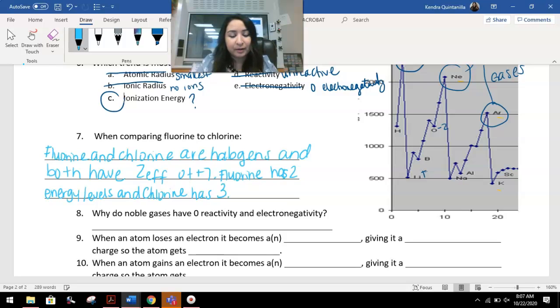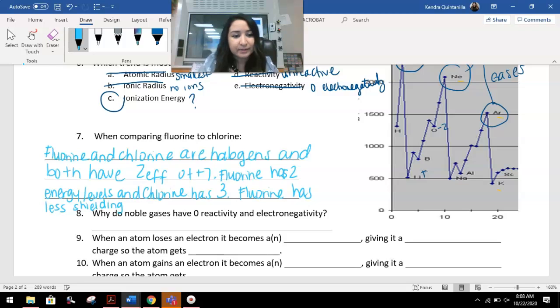That means because chlorine has more rings around the nucleus, the valence electrons on chlorine are a lot more shielded compared to fluorine. So chlorine has more shielding. We're comparing fluorine to chlorine, so fluorine has less shielding. We're going to write on the bottom, less shielding.